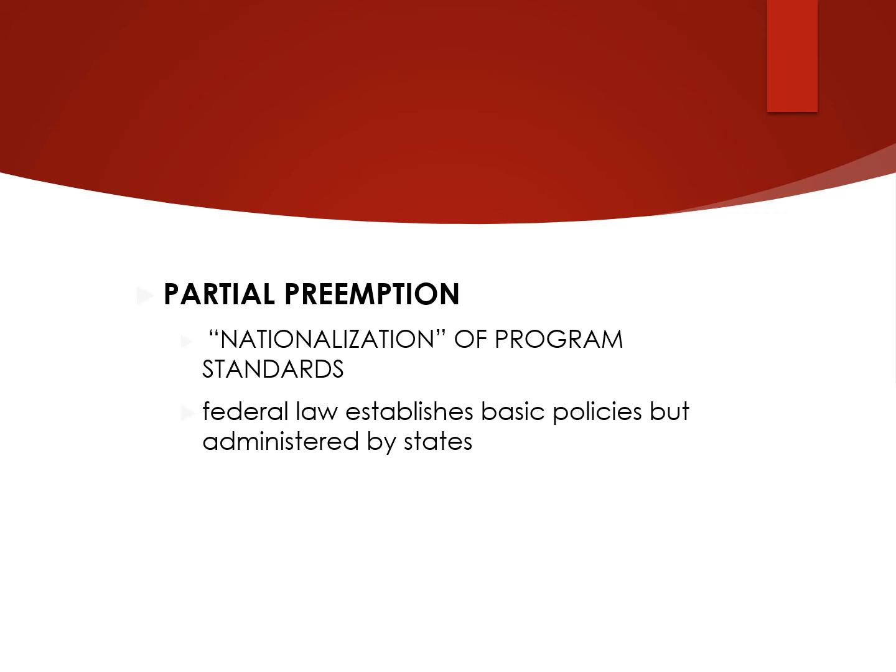There was a lot of inequality, a lot of inequities within the state pieces of legislation and the way that they were implemented. So these federal laws will establish basic policies or basic standards, and they leave it to the states to administer them. The best example I can give you of this one is environmental policy.